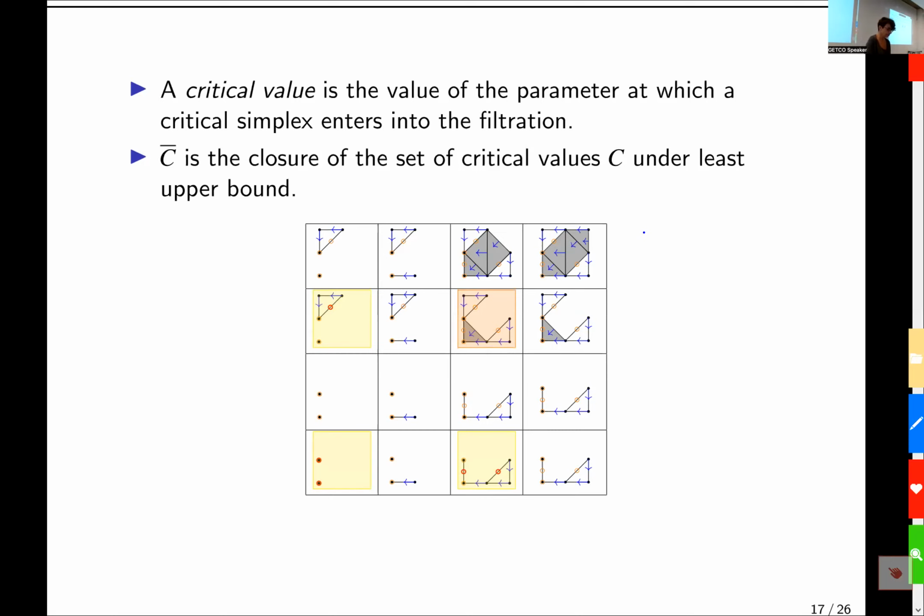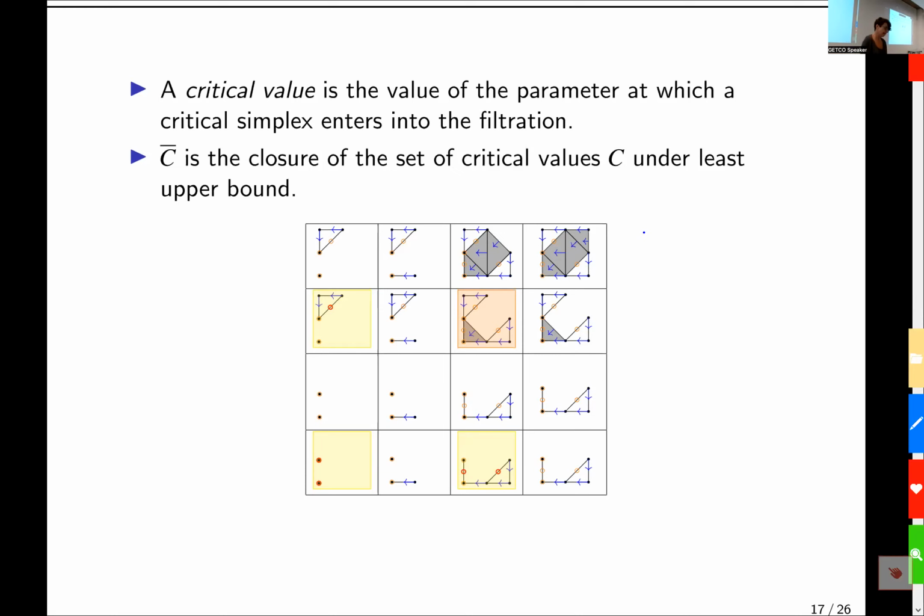So, for example, for this filtration, there are only 3 critical cells, at the values of the parameters pictured in yellow. And so the yellow values of the parameter represent the critical values of our filtration.